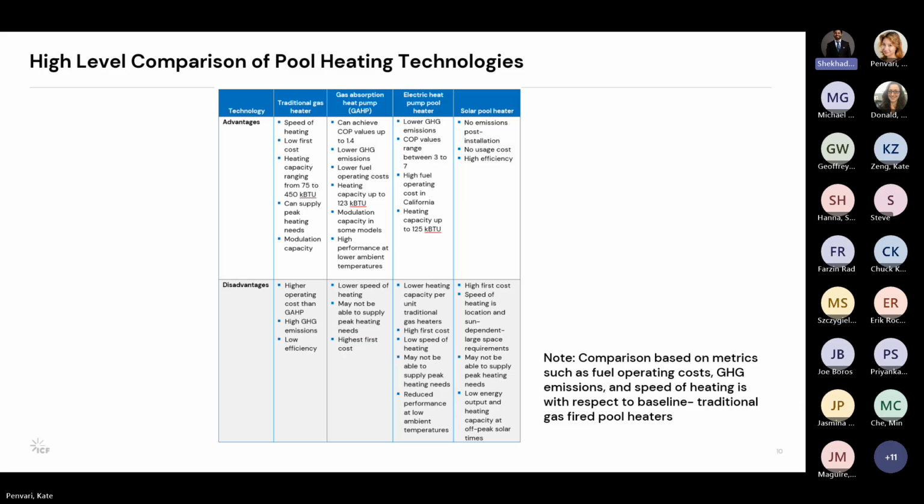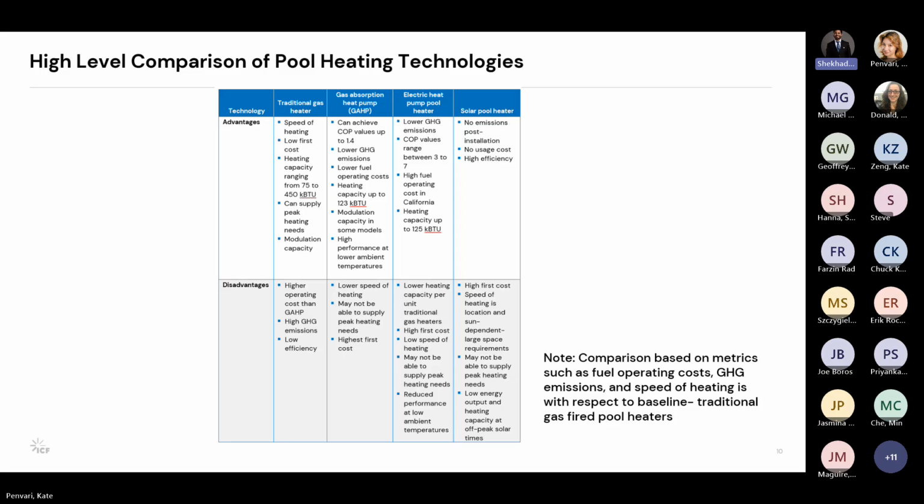The primary advantage of using a heat pump pool heater, as indicated in the table, is higher COPs and low or almost zero GHG emissions. However, our previous research indicates that it has lower capacity output per unit, and the operating cost of the system would be significantly higher in California compared to other states.